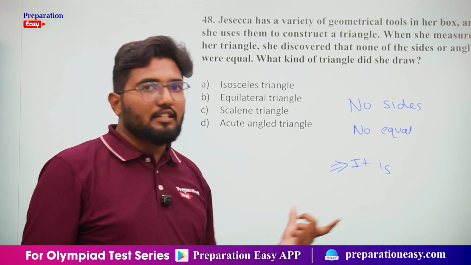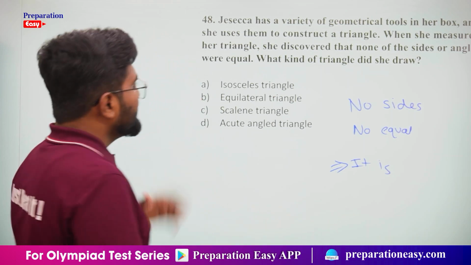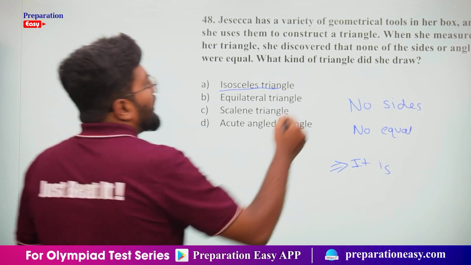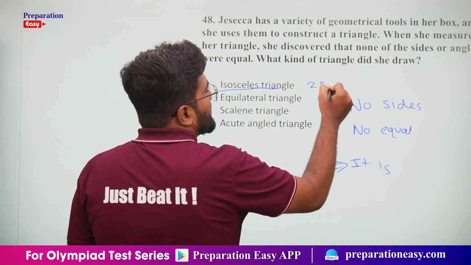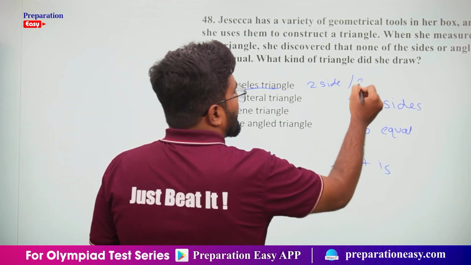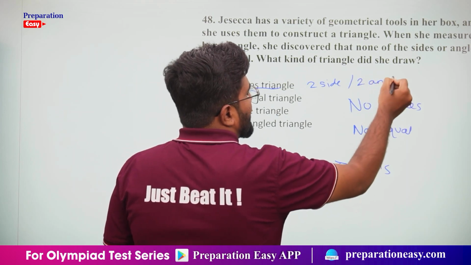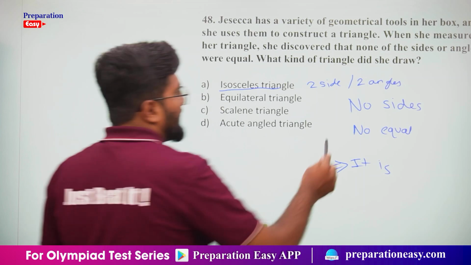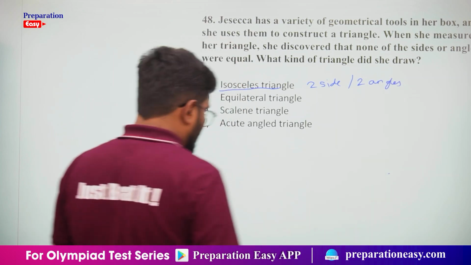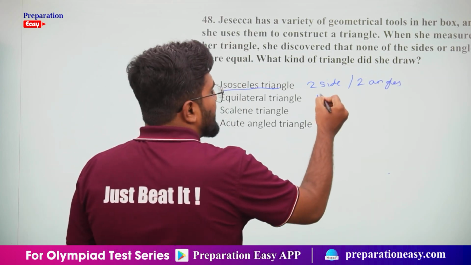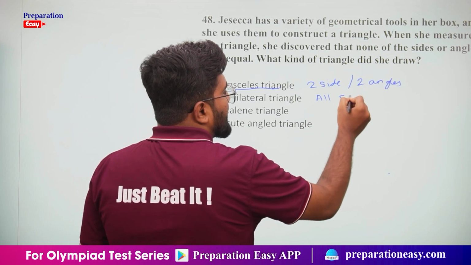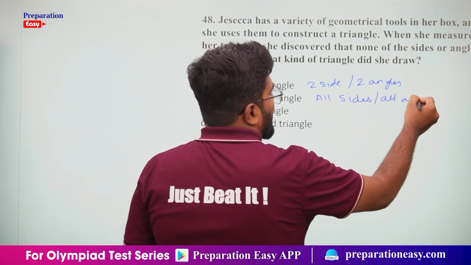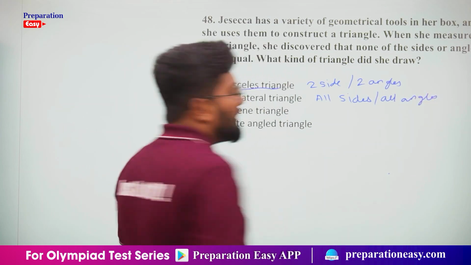In an isosceles triangle, two sides and two angles are equal. An equilateral triangle has all sides and all angles equal.